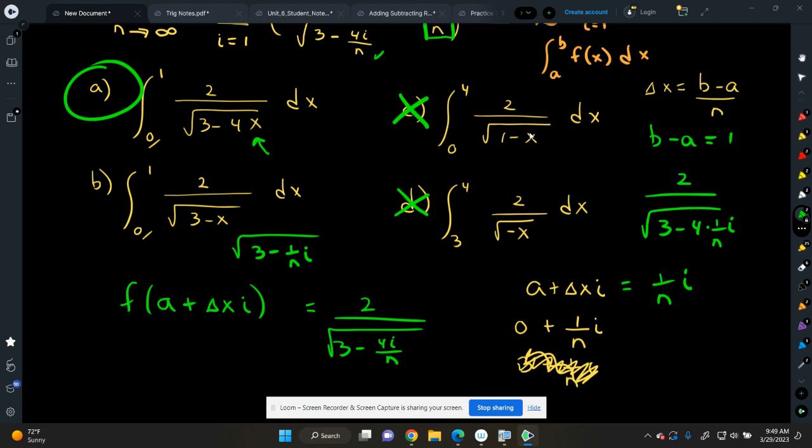Right, but we ruled that one out at the beginning. Did we rule out C? We ruled out C because of the b minus a. We ruled out D because of the negative x. Okay, that makes sense. I just crossed off the wrong one. That's fine.